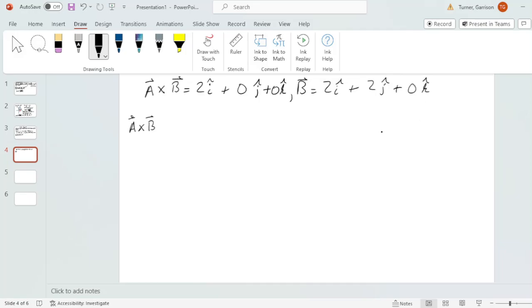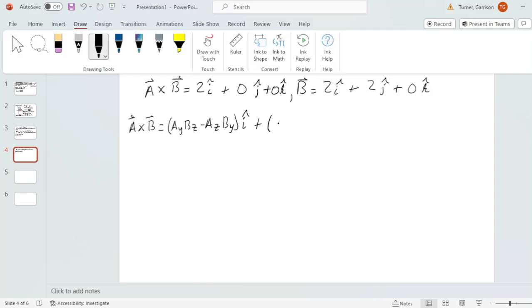Okay, so I don't have any k components in either of these. So if I follow this prescription, AYBZ minus AZBY in the i direction. Let me clean up that unit vector. That's a really funky hat.